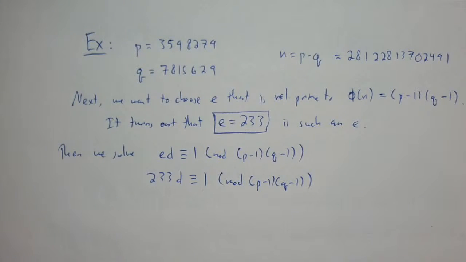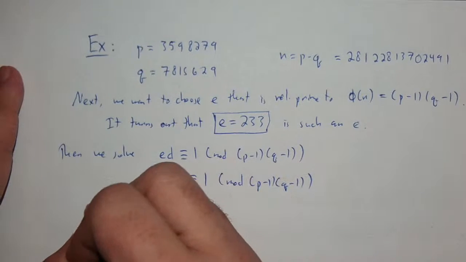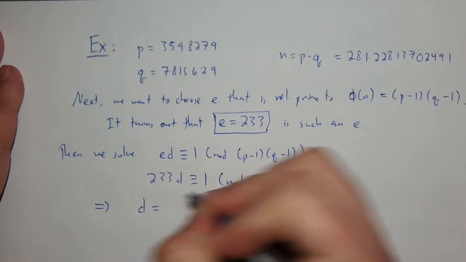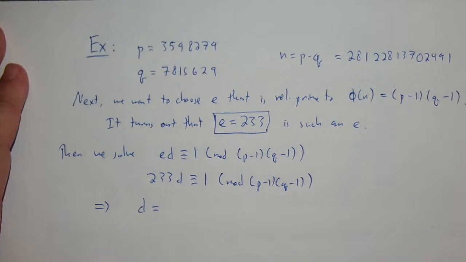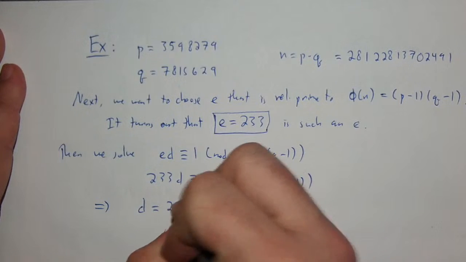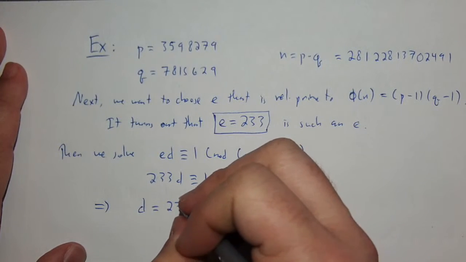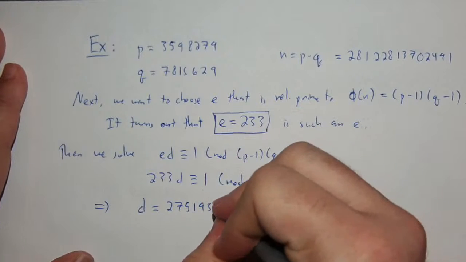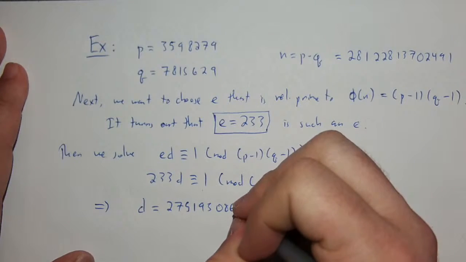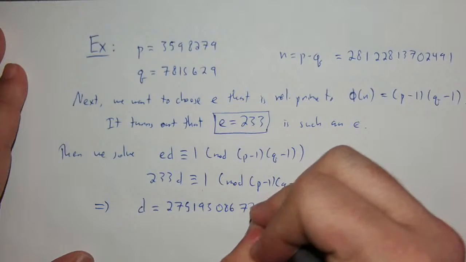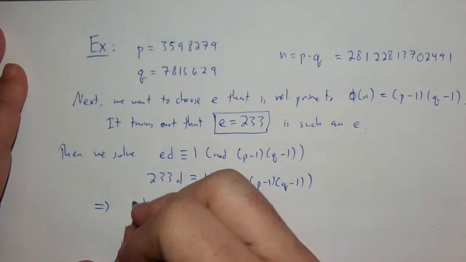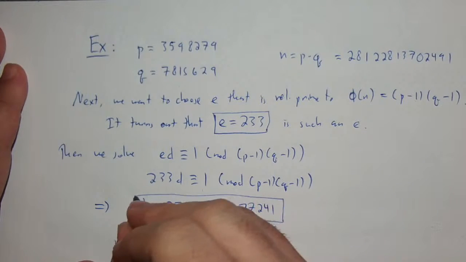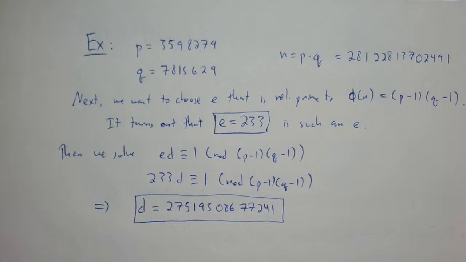And when we solve this linear congruence mod this giant number, this gives me my decryption key D, which is fairly huge. Again, reading from left to right: 275.193.086.77241. So this is our decryption key from solving this linear congruence.